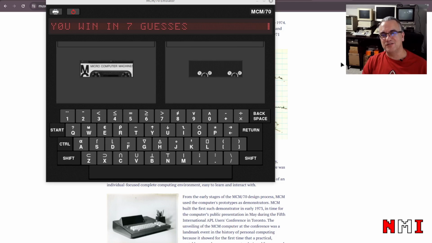Those were different times, and again, maybe it was not super affordable, but we are talking probably here about the very first personal computer ever, and the very first one using a microprocessor. And so I find that amazing.